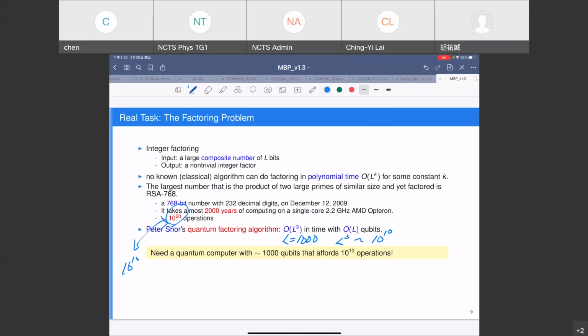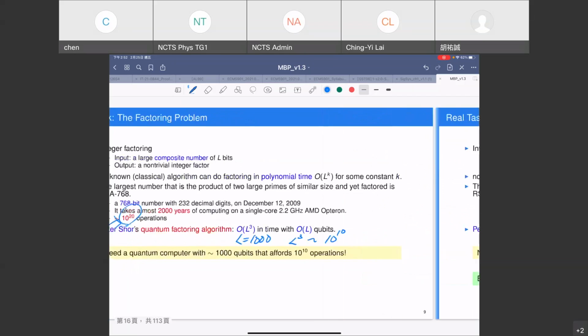There are many other examples, maybe in chemistry simulations, where you will need roughly this number of qubits and roughly this number of operations. In quantum chemistry experiments, they say that you can have some benefits if you have a quantum computer with like 300 qubits. So they have a similar result.